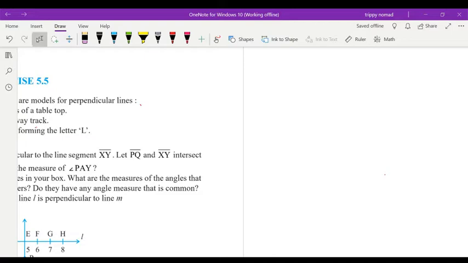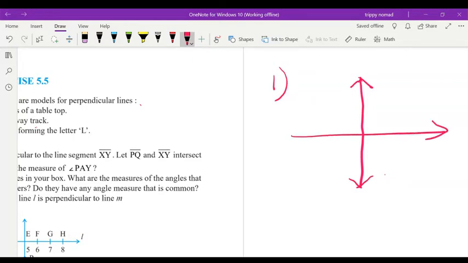You might have heard about perpendicular lines. If two lines intersect each other at right angle, intersect means cut each other at what angle? 90 degree. So such lines are called perpendicular lines.